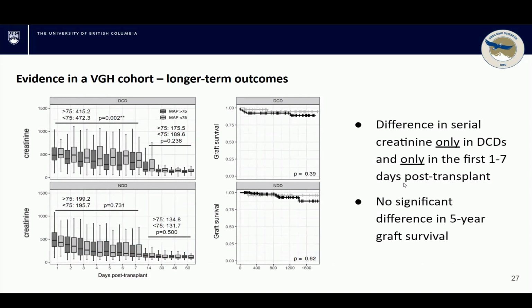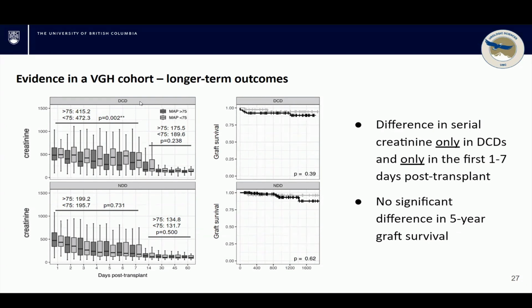Next, recognizing that DGF is mainly a surrogate of important long-term outcomes, in this next analysis, we wanted to specifically look at medium to long-term outcomes as well. So on the left side, we have the differences in serum creatinine drop-off in 1 to 7 days post-transplant, and then 14 to 60 days post-transplant, between those who have a MAP of greater than 75, those are the dark boxes, versus people who have a post-anastomosis MAP of less than 75 millimeters mercury in the lighter boxes.